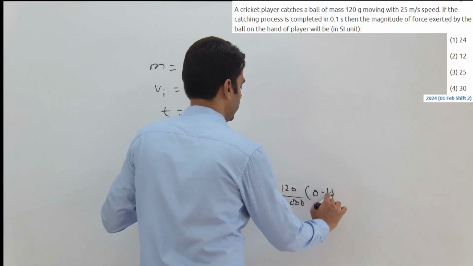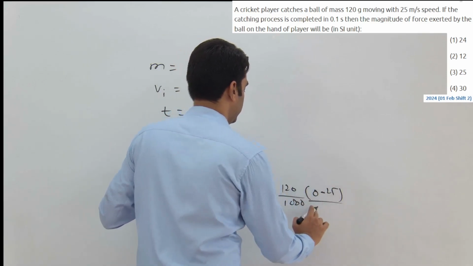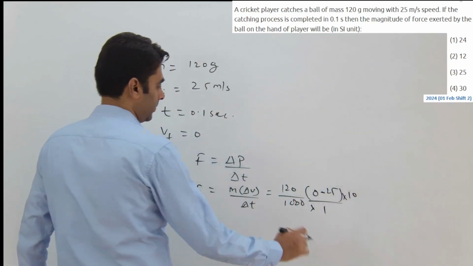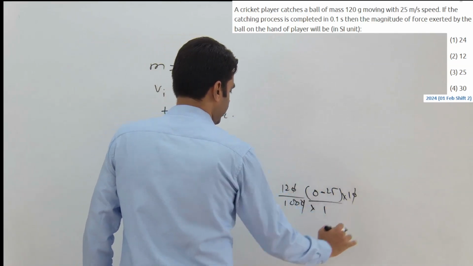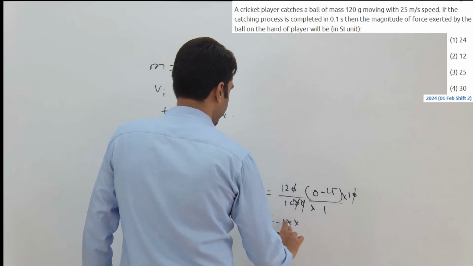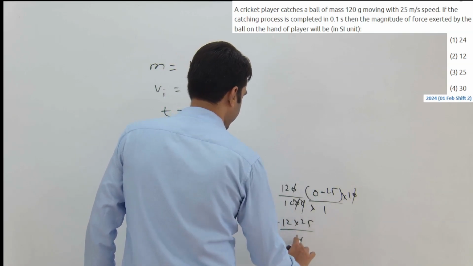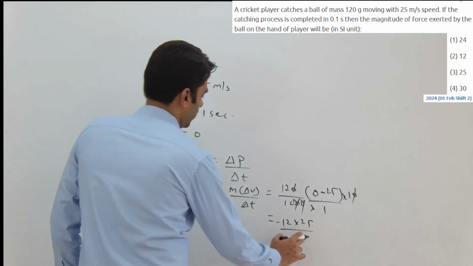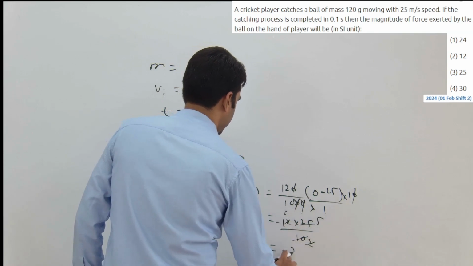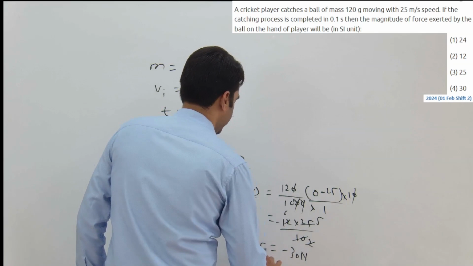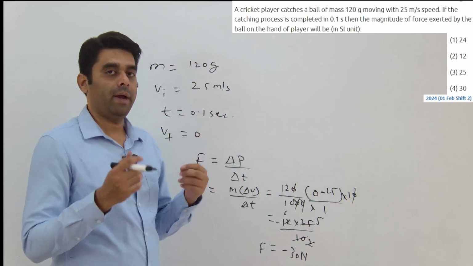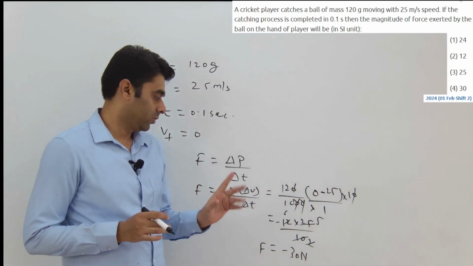So 0 minus 25, time taken was 0.1 second, so I can write as 1 by 10. How much are we getting? 12 into minus 25 divided by 10. Now you check it. 5 2 times, 5 times, 6 times, 30. Minus 30, because this force is basically your retarding force. Magnitude will be 30 Newton. So this is our answer.